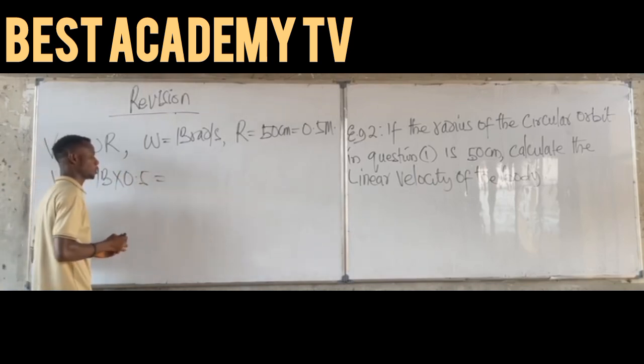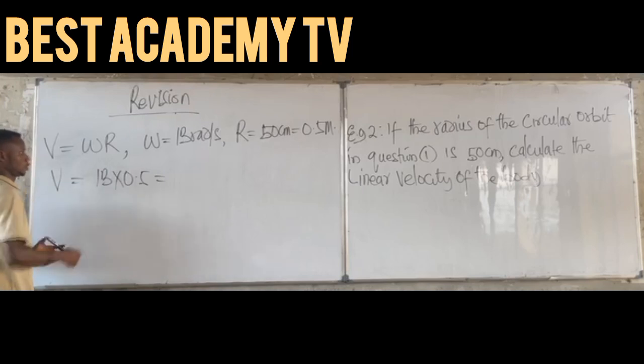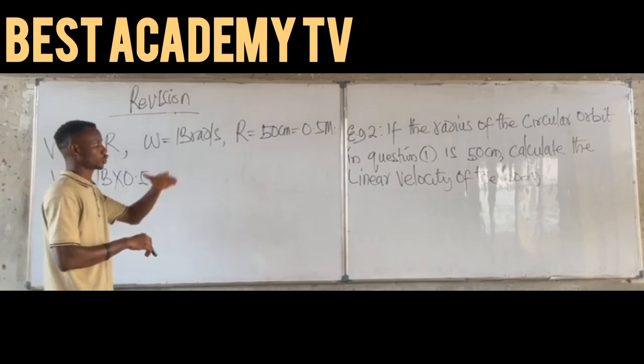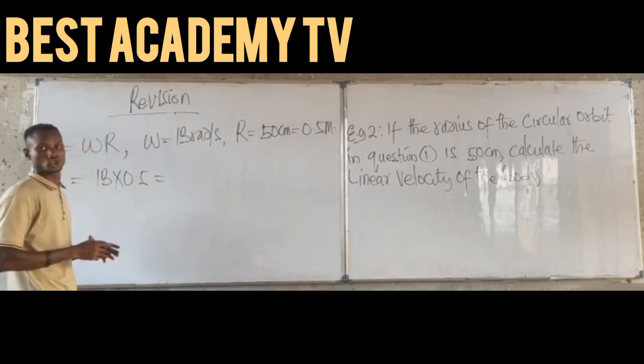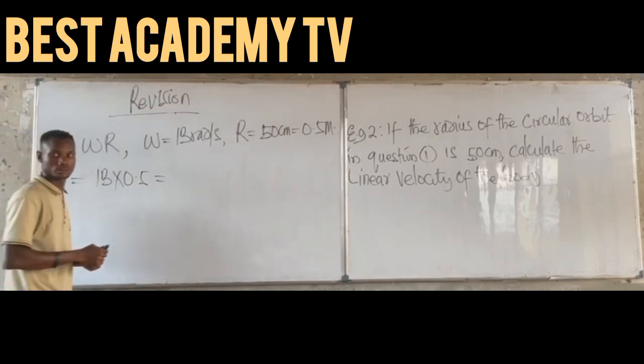Okay, let's point to our calculator. 13 times 0.5. Let's get the answer here. Look over here, without getting question 1, you can't get question 2. That's why you have to be very careful in question 1 before you solve question 2. Okay, 13 times 0.5, what is the answer to this?